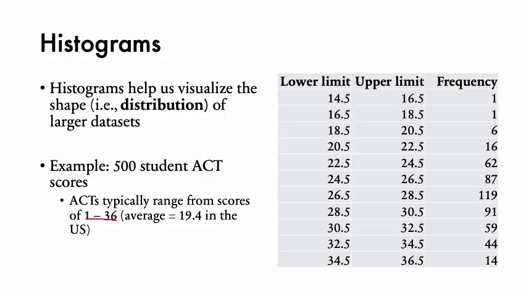We set this up as upper and lower limit buckets. So here we've got people with a 15 or a 16 on their ACT. Here we've got people with 17s and 18s. In this bucket, we've got people who have 19s or 20s, etc., all the way up to people who have 35 or 36 on their ACT.